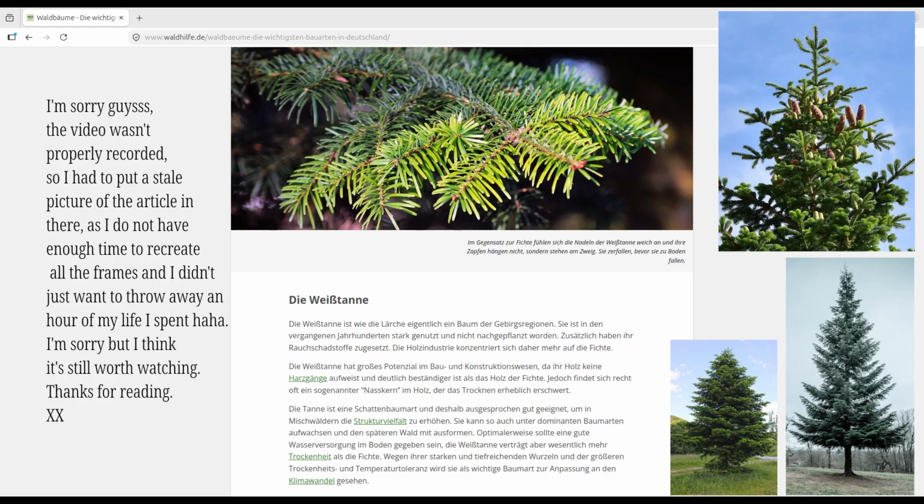So weisen means to show or to point, for example, the way to a certain goal. For example, when I say, ich weise dir den Weg, I'll show you the way. So this is really kind of guiding, you could say. And aufweisen means also kind of guiding, or rather showing something, but in this case, because of the auf, it means that it's showing itself, kind of. Und deutlich beständiger ist als das Holz der Fichte.